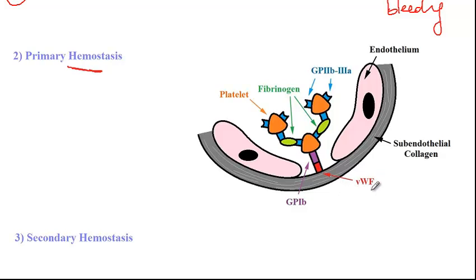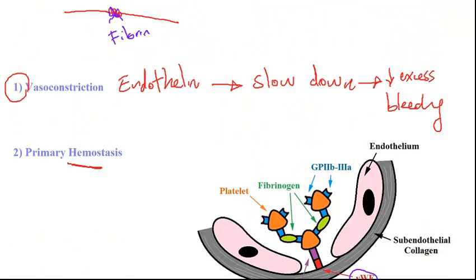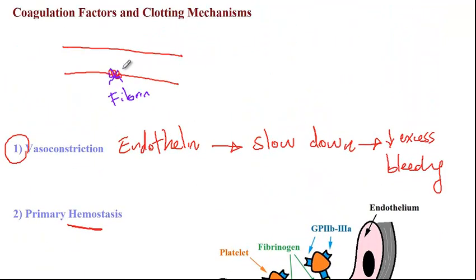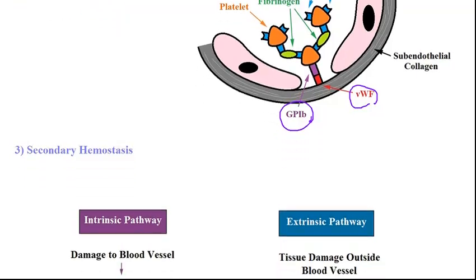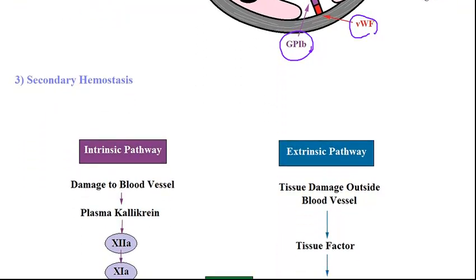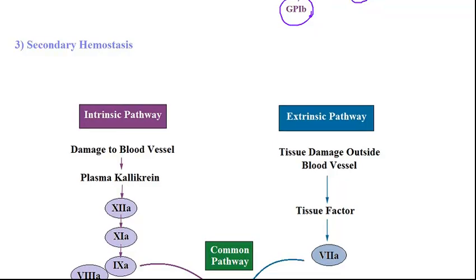Then there are von Willebrand factor or GP1B and other proteins that will help platelets bind to the subendothelial collagen, and they also help the platelets bind to each other. That's what I've shown you here, where the platelets start to block the site of the injury. And then we need the formation of a fibrin polymer in order to strengthen this blood clot. This is done via secondary hemostasis.